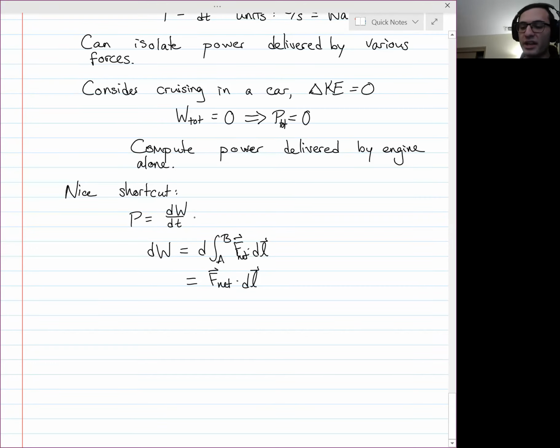And so this is just F dot dl/dt. And dl/dt, well, we know what that is. That's just the velocity. So this is just F dot v.